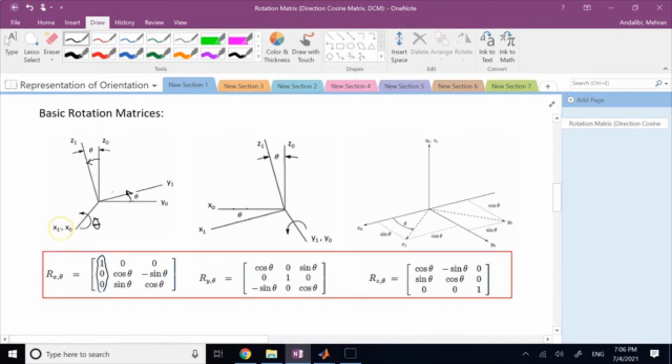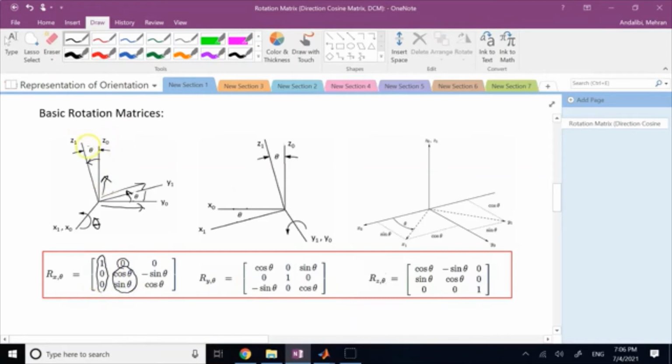Now if you project y1 along the three others, y1 is perpendicular to x1, so the first element is 0. Then y1 along y0, clearly you see the angle between them is theta. So whatever you have in this direction, you multiply by cosine theta to get this direction, and you multiply by sine theta to get into the z0 direction. That's what you see here.